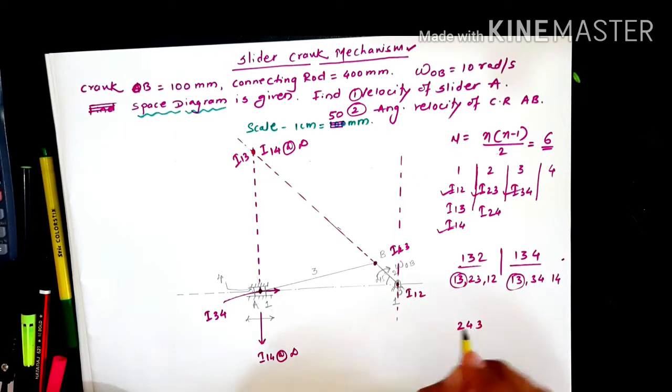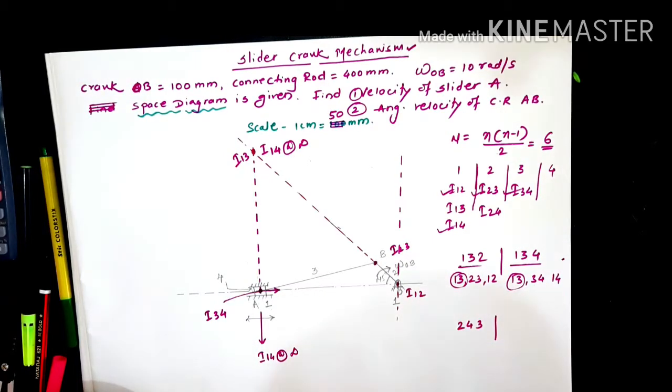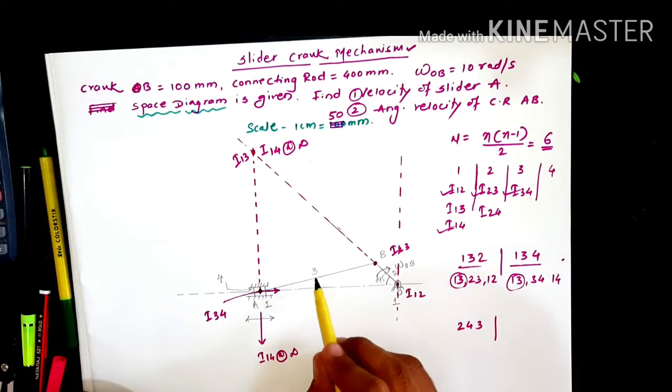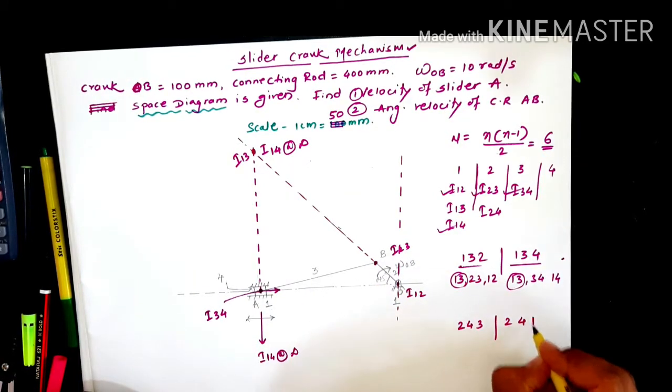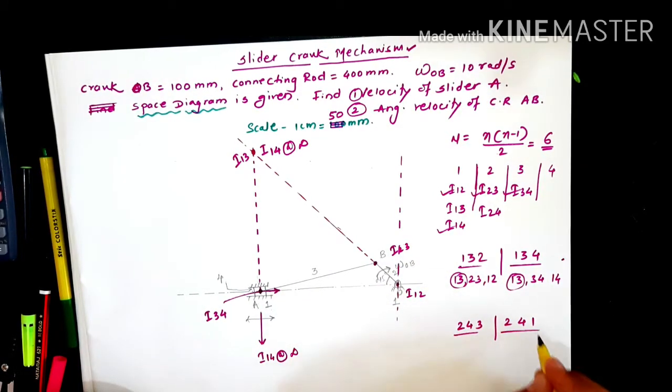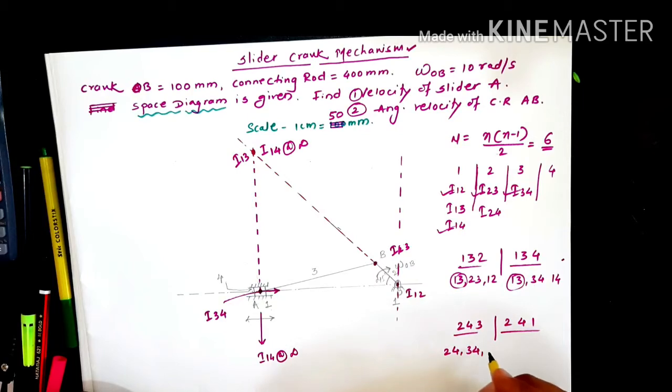Now if I want to locate 2 4, it is connected with 3, that is 2 4 and 3 set of links, and another one is 2 4 and 1. So 3 links, 3 I centers: 2 4, 3 4 and 2 3. Same way 2 4, 1 4 and 1 2.